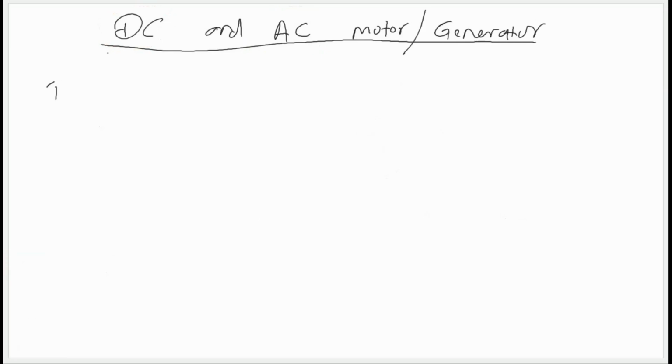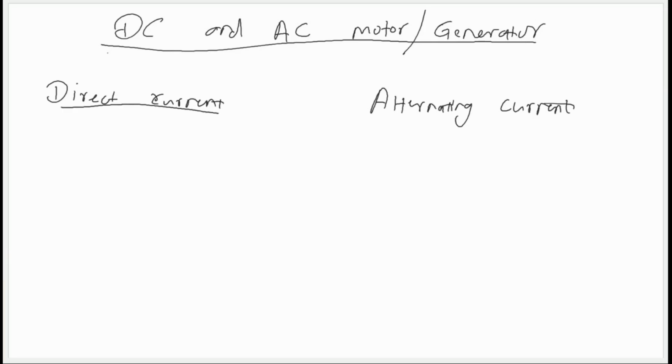With DC we have something that is called direct current, and AC is called alternating current.